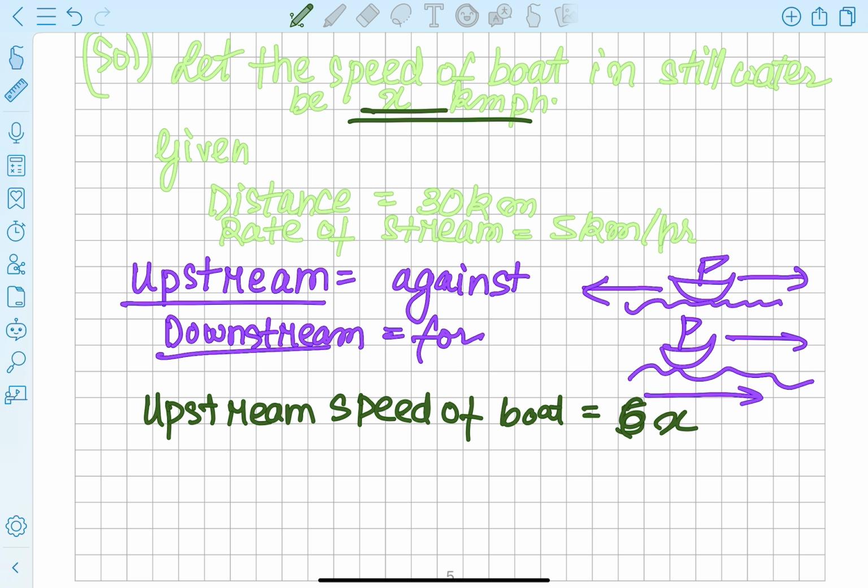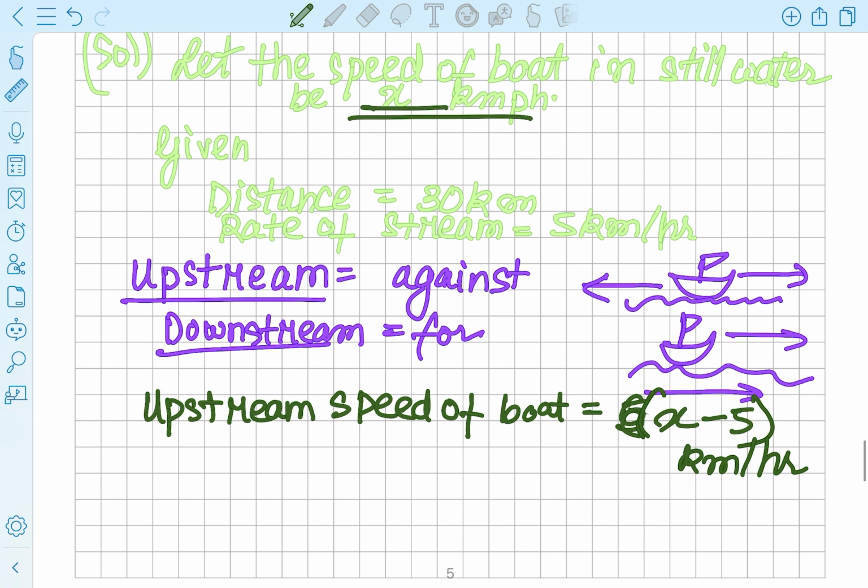Upstream means against, right? So remember, for upstream downstream questions, it's very important to know whether it will be x plus 5 or whether it will be x minus 5. As I told you, upstream is against, so it will be x minus 5, which means the stream is actually being a problem or a disturbance for the boat.